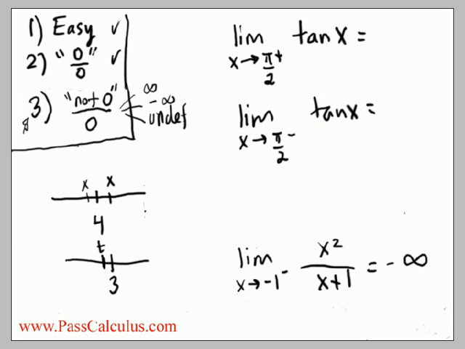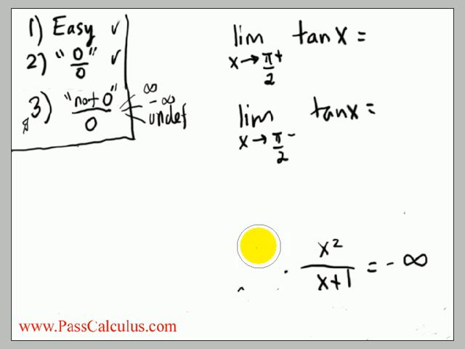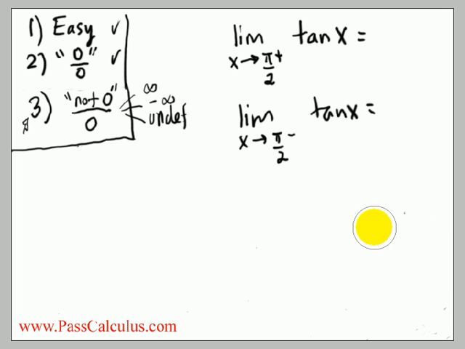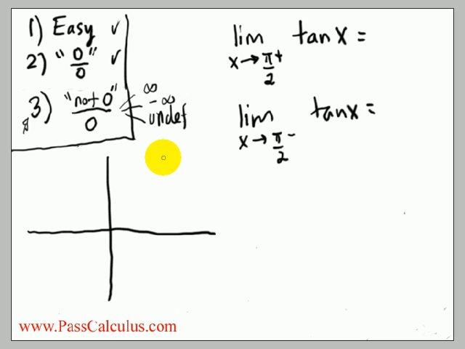Well, for this one, we kind of need to remember what the graph of tangent looks like, right? Do you remember that, for sine and cos, the domain of sine and cosine is all real numbers. But the domain of tangent, it's not all real numbers, is it? The graph of tangent, it kind of looks like this. At pi over 2 here, we have an asymptote.